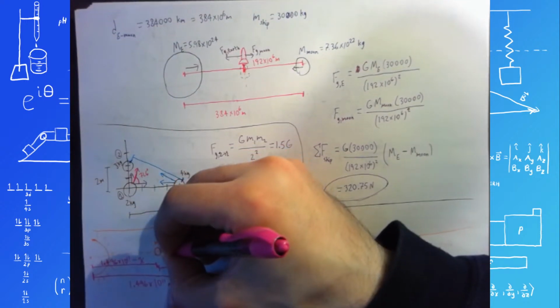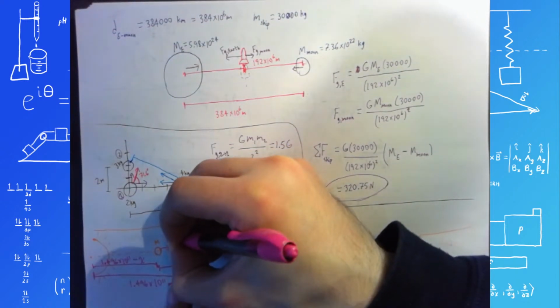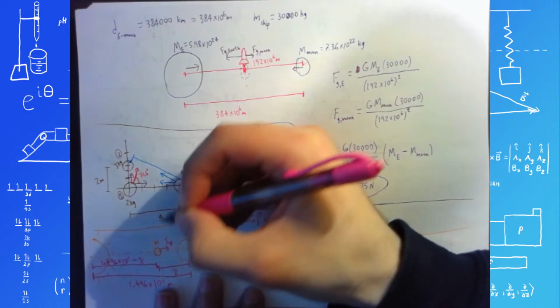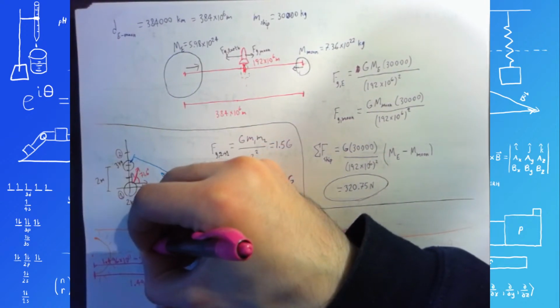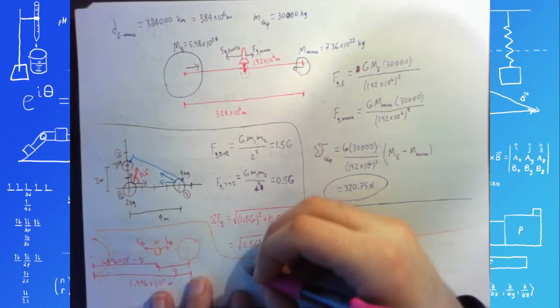So there's going to be a force of gravity from the Earth, and a force of gravity from the Sun, and these need to be equal to each other.